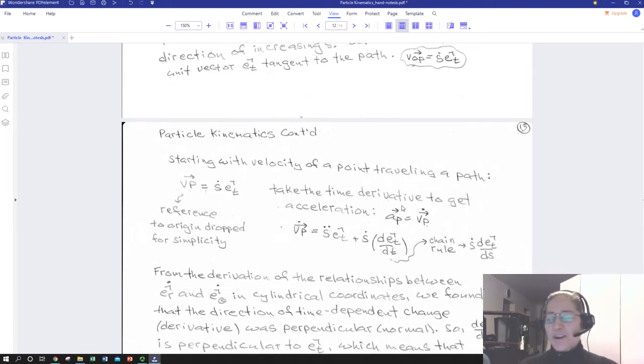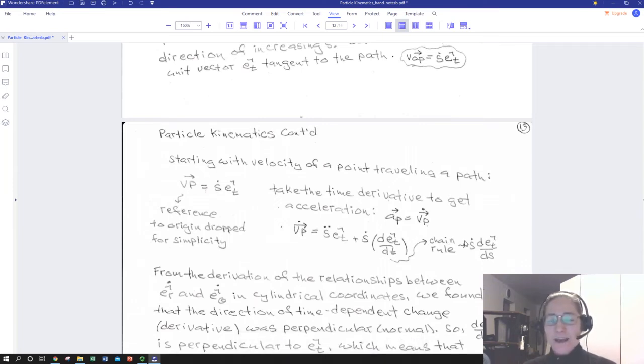Okay, next we're going to want, of course, the acceleration, because we're going to want to somehow relate this to some force pushing it down the path or pulling it around. So let's just take another time derivative. So we're going to get s double dot times e_tangent plus s dot times e_tangent dot. So d e_t hat/dt.